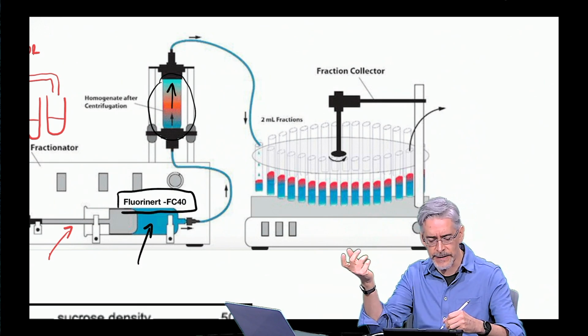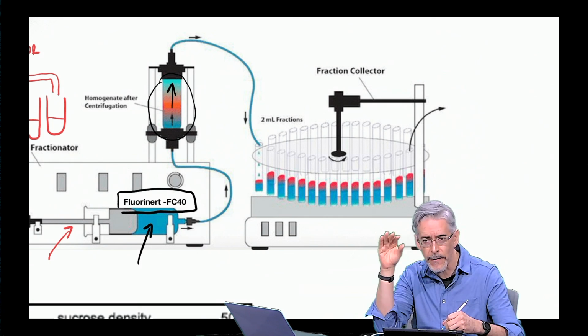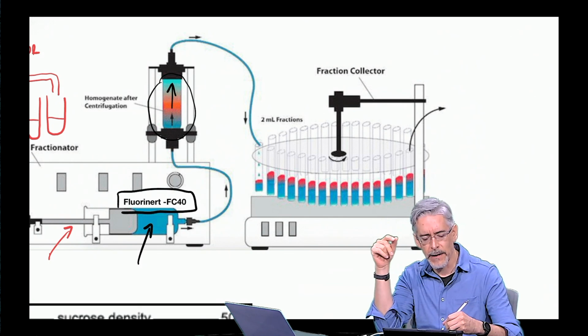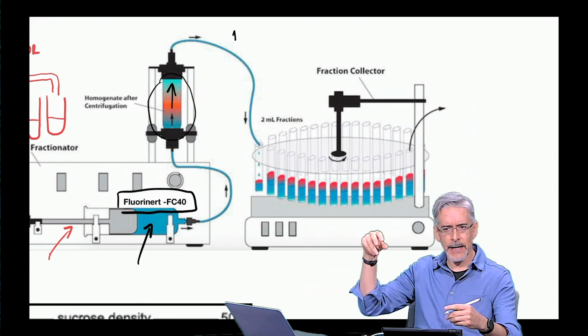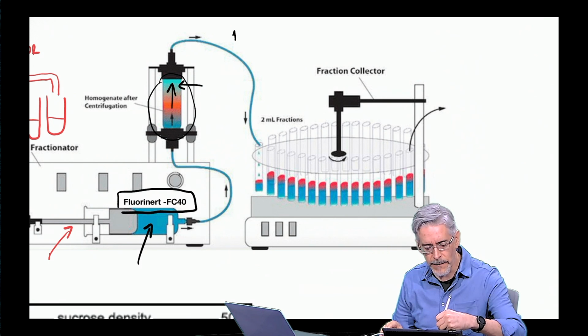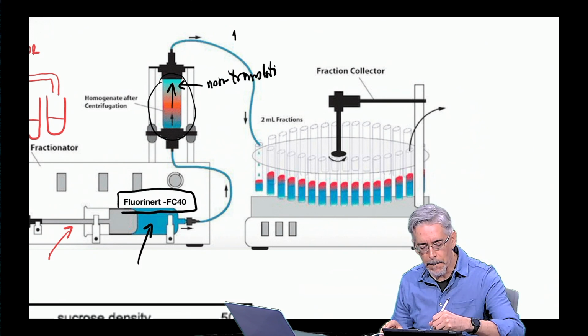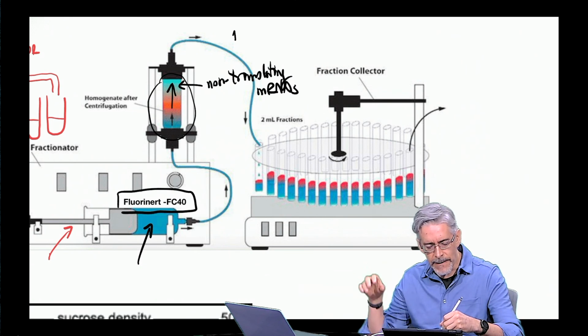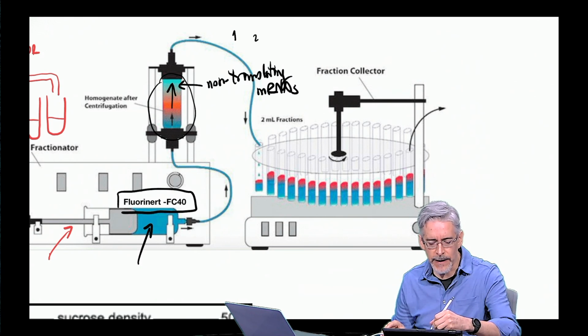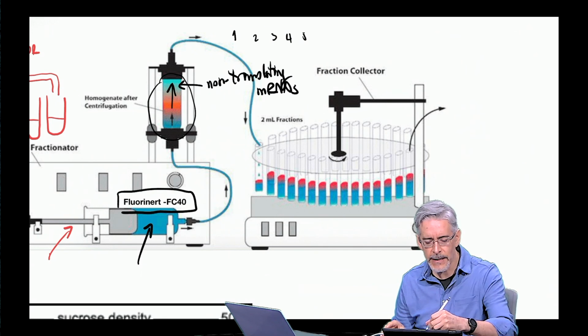The very first thing that will be coming out of the tube will be whatever is at the very top layer of the tube. So the first fraction to be collected, fraction 1, will contain the things that didn't even enter the gradient. So it'll be, for instance, the non-translating messenger RNAs. And then the heavier ones will be in later fractions, so you can collect many different fractions.